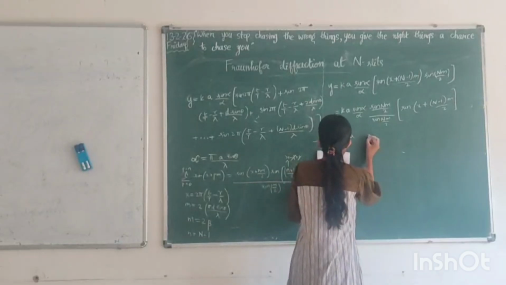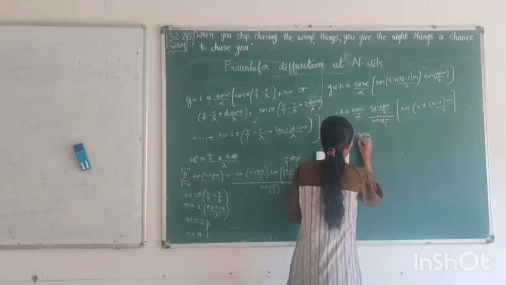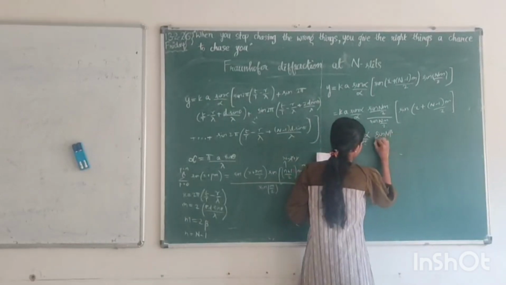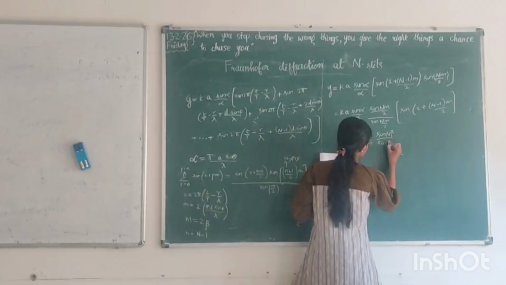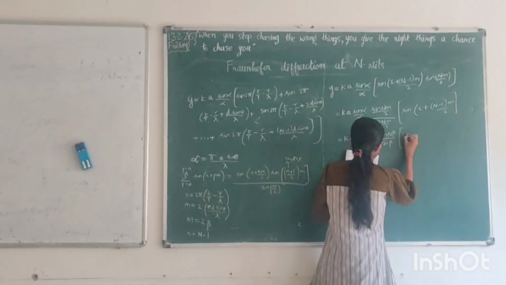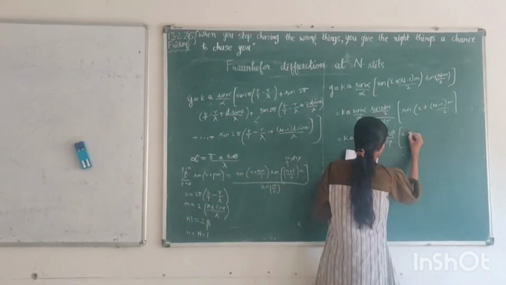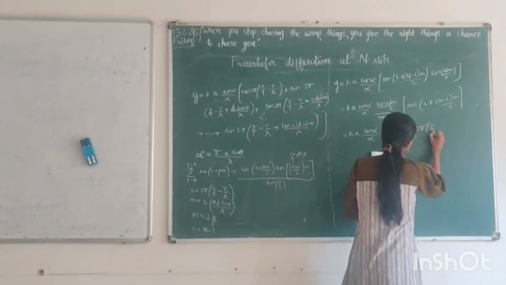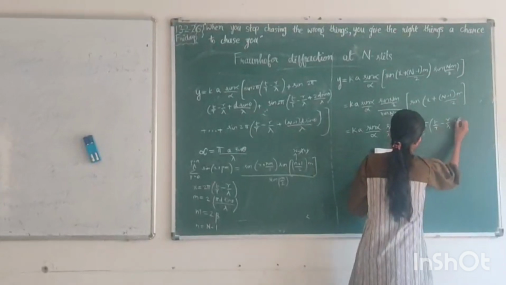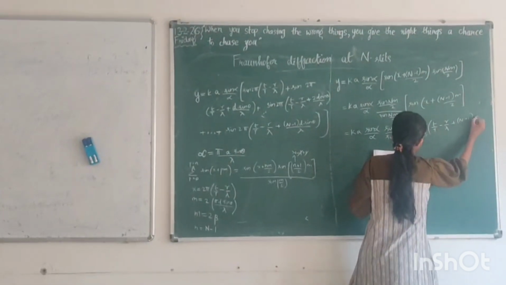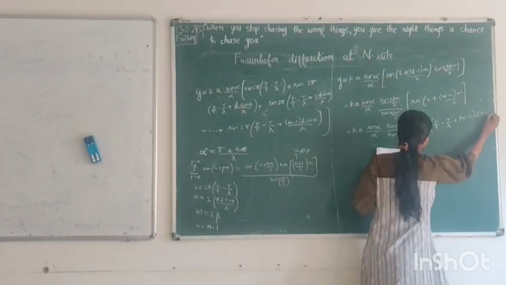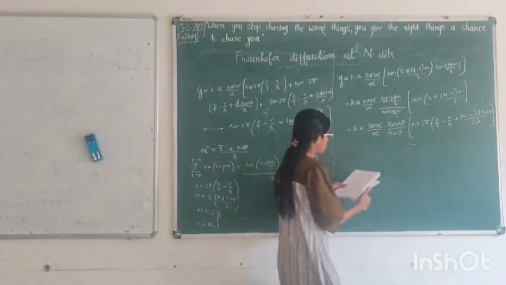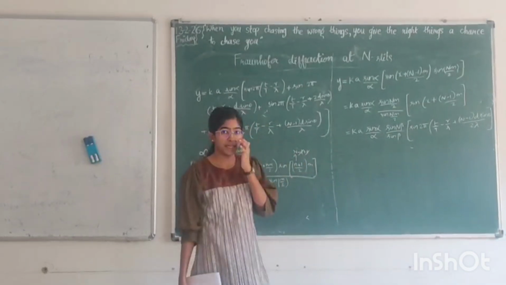So K a, sin alpha by alpha, sin n beta by sin beta, into sin of 2 pi into (t by T minus r by lambda plus (n minus 1) d sin theta by 2 lambda). This is the total displacement at P dash.